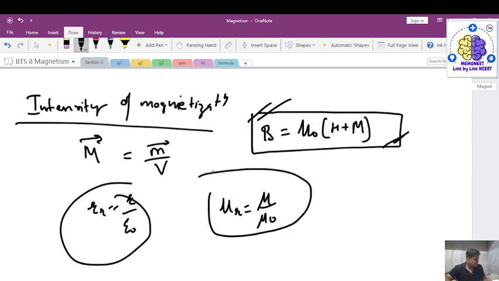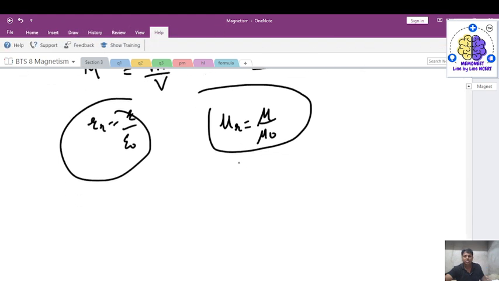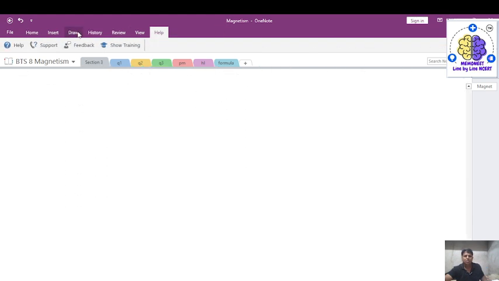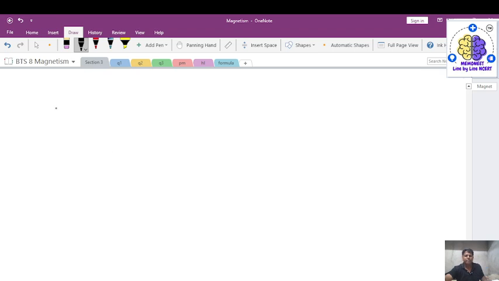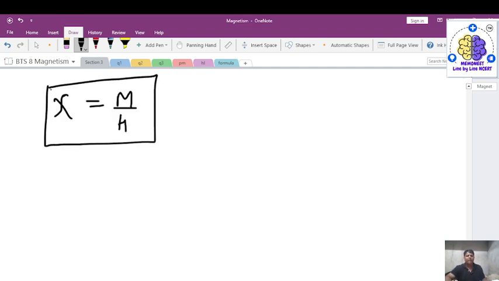Then we have magnetic susceptibility. Magnetic susceptibility is represented by Xi, and this Xi is given as capital M upon H. That is the ratio of the magnetization upon the magnetizing intensity, known as Xi.